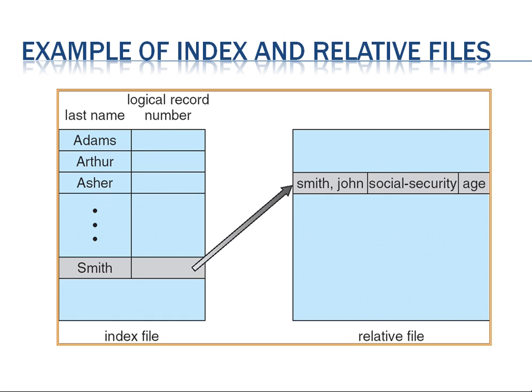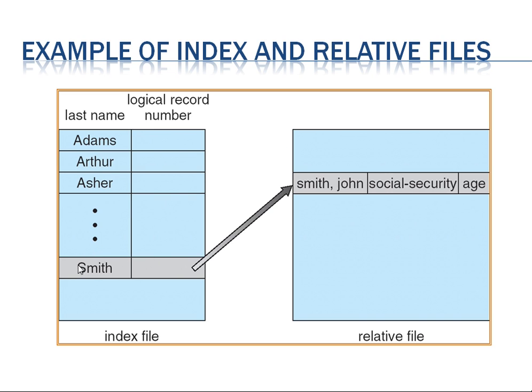Now here is an example of indexed and relative files. In case of an indexed file, the relative file is having the actual values. The index file includes all of the entries and their logical record number.